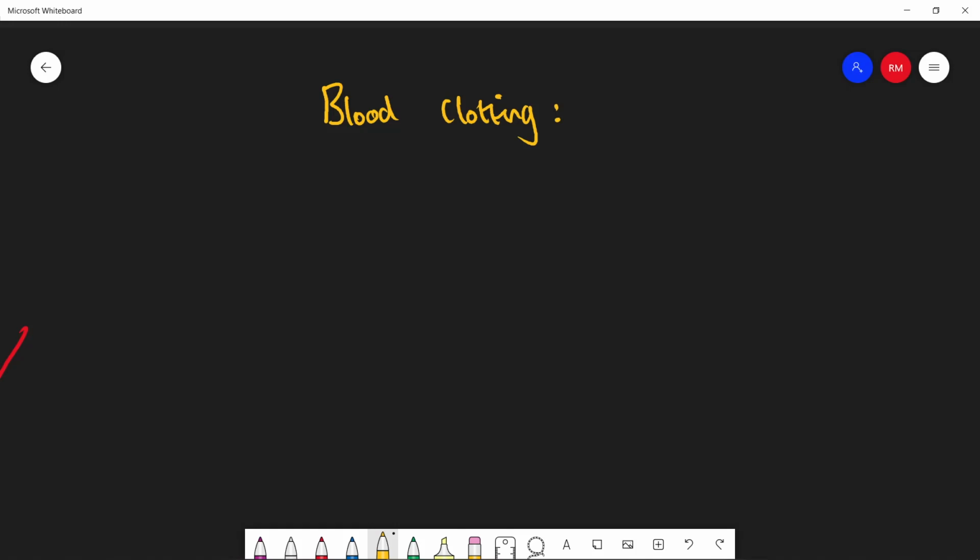So essentially what happens is when the skin is damaged and open to body infection, the body has to prevent certain things from happening, and those certain things are blood loss.